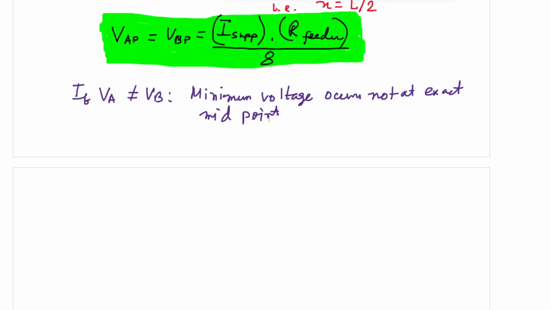So if this is the feeder, let us say this is point A, and this is point B. We are feeding at both ends. At several points, the same current I is tapped out.